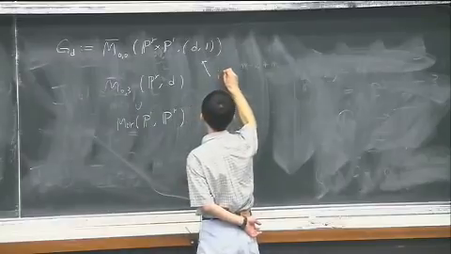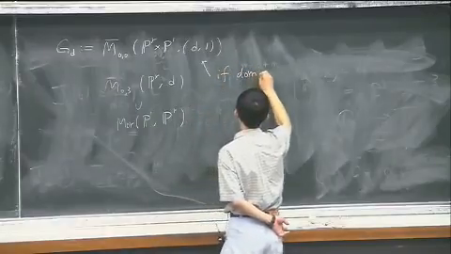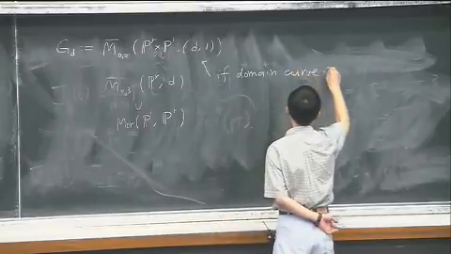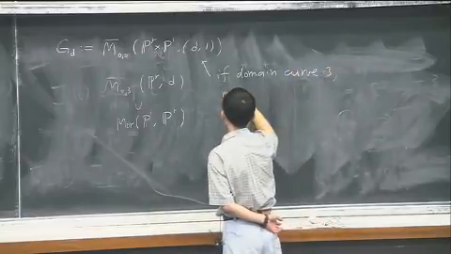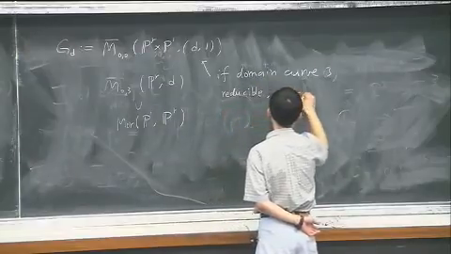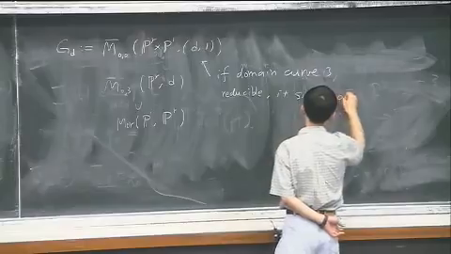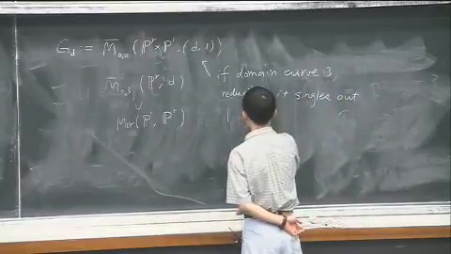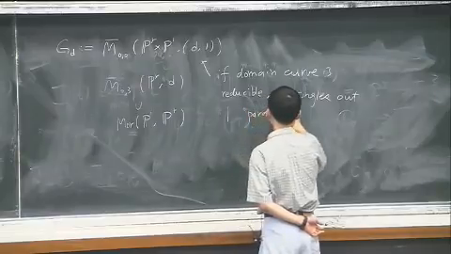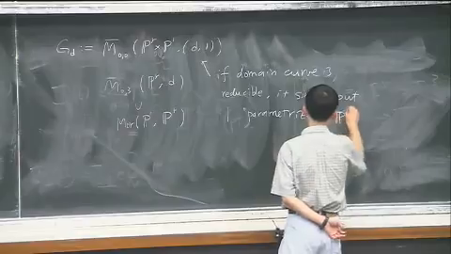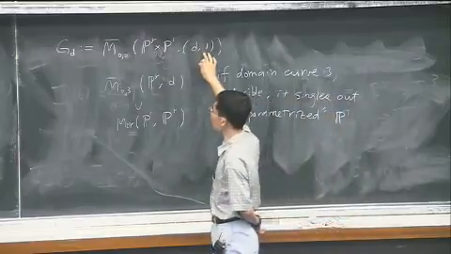So if the domain curve is reducible, it singles out one parameterized component. That is because of degree 1, right?